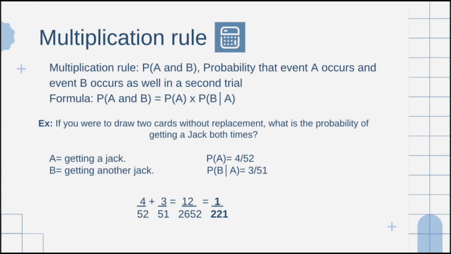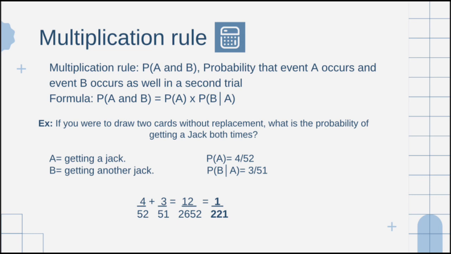The other part of the section is the multiplication rule, and this can be used for the probability of event A and B occurring, or the probability of event A occurring and then the probability of event B occurring after event A. An example of this would be drawing 2 cards without replacement. So event A would be getting a jack, and event B would be getting a second jack. The probability of event A would be 4 over 52, because there are 4 jacks.